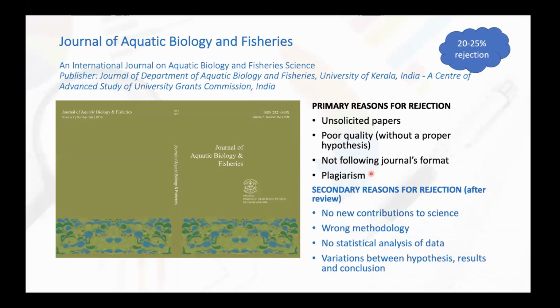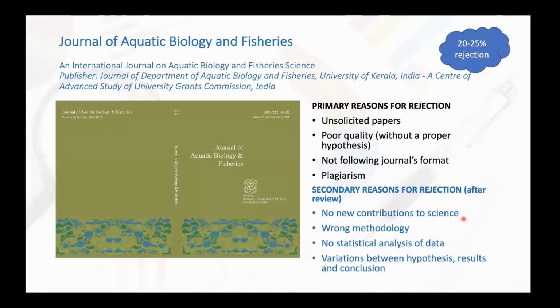All these things are plagiarism. Then secondary reasons: no new contribution to science. If it is something which is already said by somebody and your manuscript has nothing new, it will be rejected. And the second issue is wrong methodology. You are using a totally wrong methodology, and that is another reason for rejection.